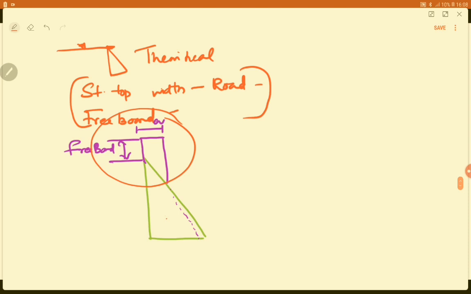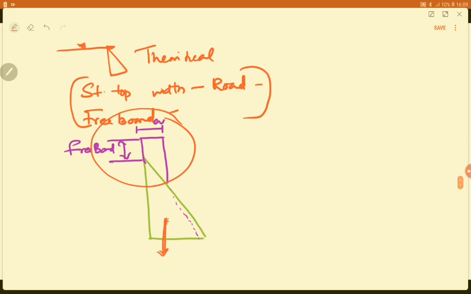So we have to provide some other additional safety measures to take care of this shift of the resultant. Just consider the case where the reservoir is empty. In that case, what is the resultant point? This was the resultant point, right?